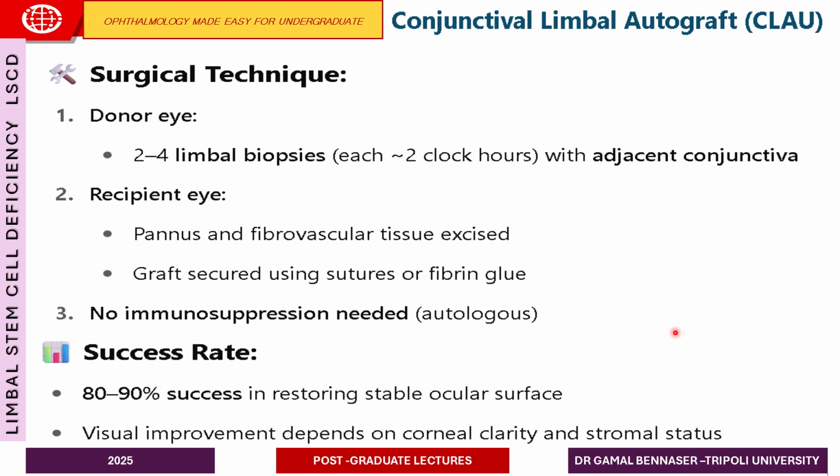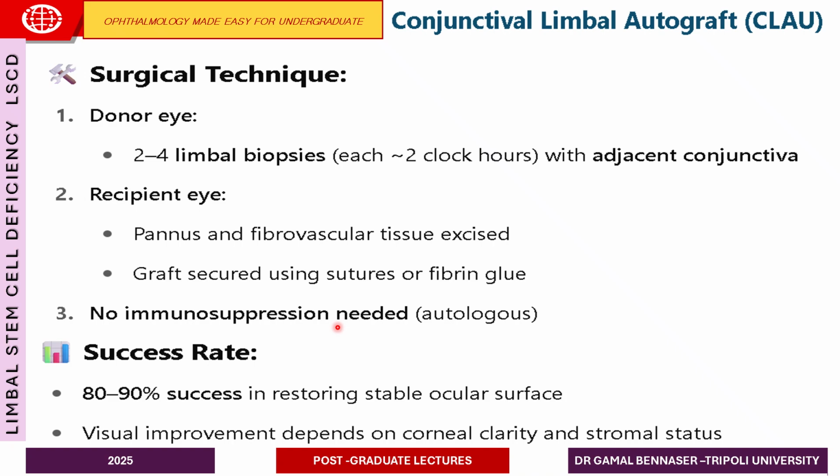Now, the surgical technique: 2 to 4 limbal biopsies, usually 2 from the 6 o'clock position and 12 o'clock position, along with the adjacent conjunctiva, are removed. And after removing the pannus and the fibrovascular tissues present in the recipient eye, the graft is secured using fibrin glue or 10-0 nylon sutures. Since it is an autograft, usually there is no need for immunosuppression.